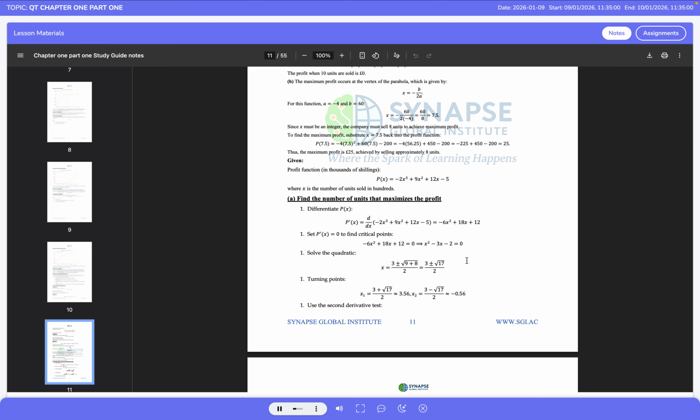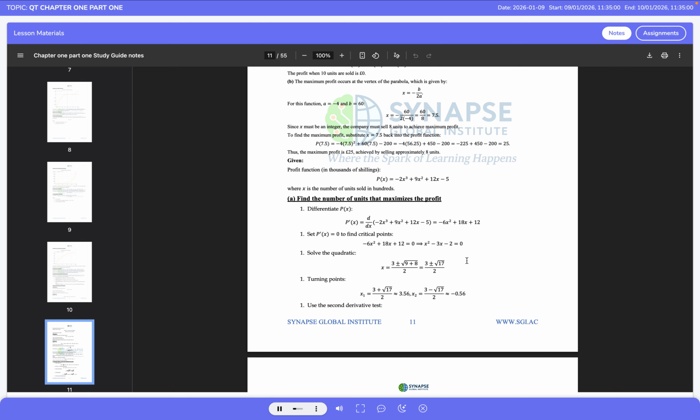We then consider a further example where the profit function, measured in thousands of shillings, is given as p(x) equals negative 2x cubed plus 9x squared plus 12x minus 5, where x represents the number of units sold in hundreds.